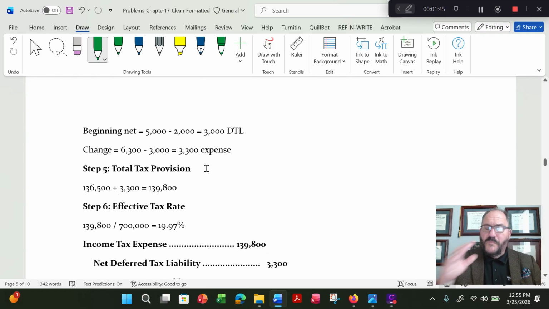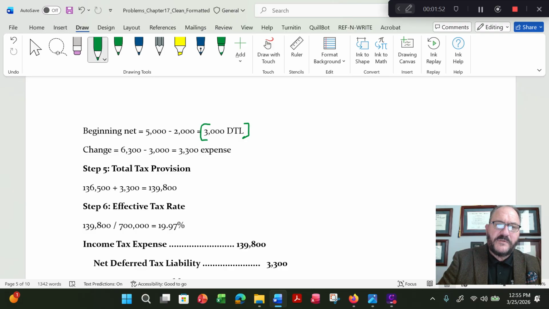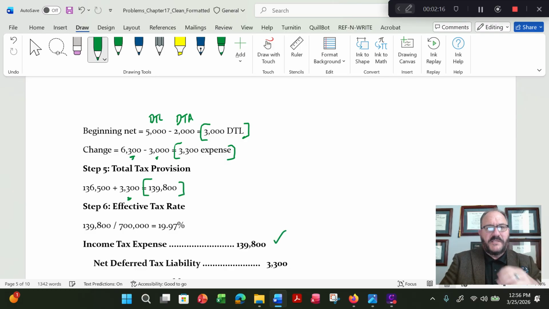We had a $3,000 deferred tax liability, a deferred tax liability minus deferred tax asset gives us this. So the change, 6,300, is where we need to be now. We had 3,000, so we're going to have a $3,300 expense. You add that to our base amount. Total tax provision, meaning our income tax expense, is $139,800.